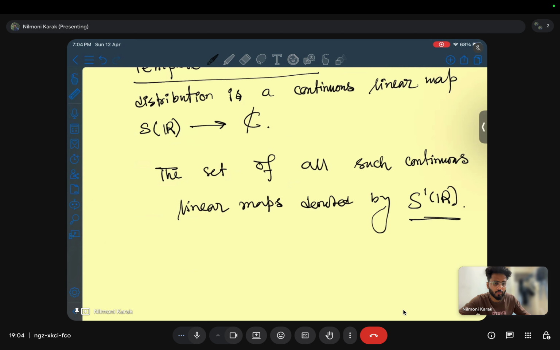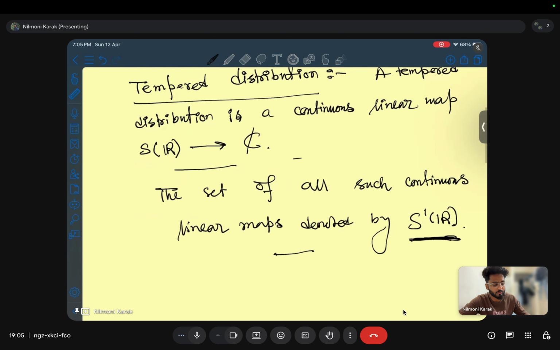We know what the dual space of a vector space is. We consider the continuous linear maps from S(R) to C. This dual space is the set of all such continuous linear maps.